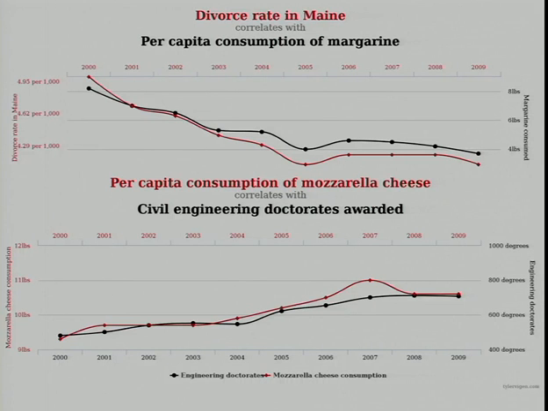You can also find a correlation between rising consumption of mozzarella and number of PhD awards in civil engineering, and you can find stuff like that all over, right? This is just for fun. These are just kind of freak correlations between totally random things. Nobody would fall for that.